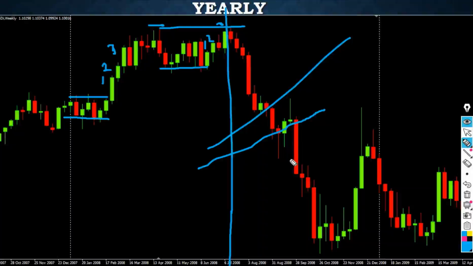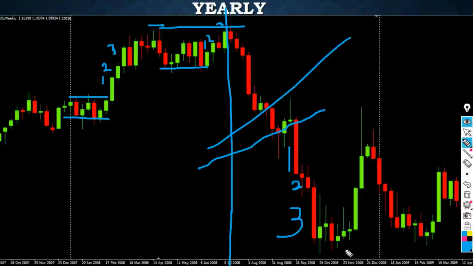Probably they lost some more money, and we have 3 moves aggressively to the low. Okay, 1, 2, 3, which happened to be almost the end of the year.